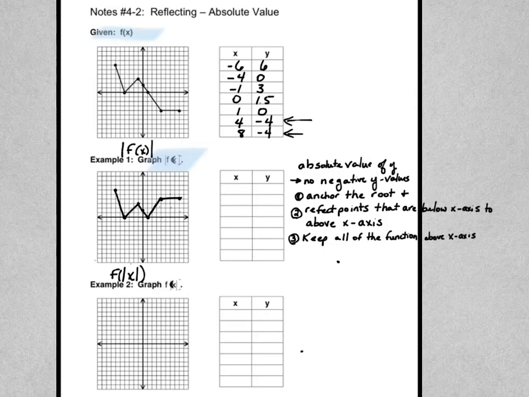So what you want here, we want to take the absolute value of x. So that means that x and negative x must yield the same y value.